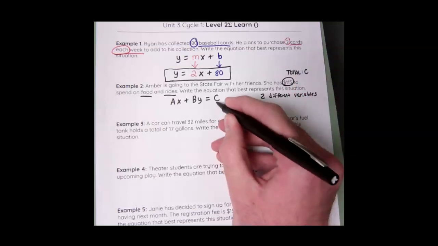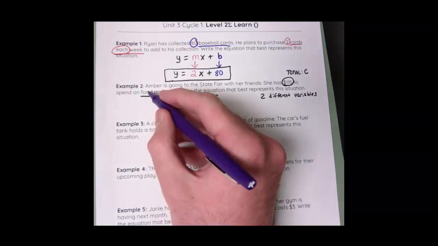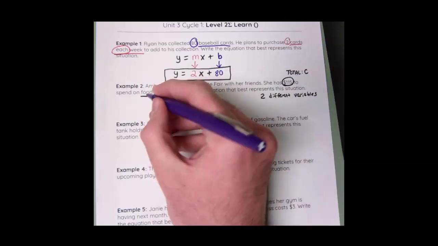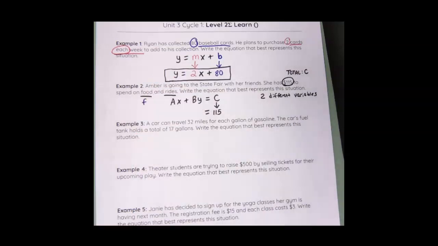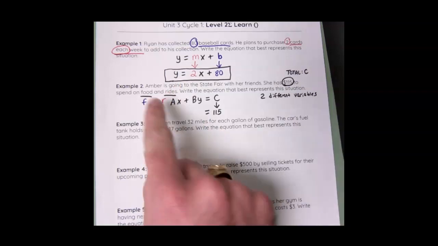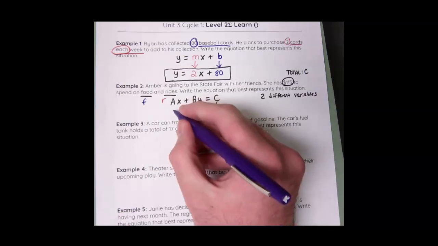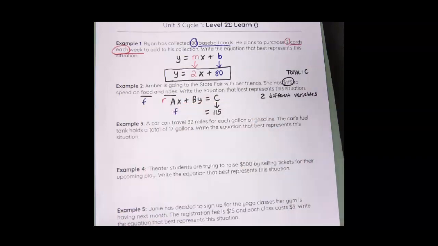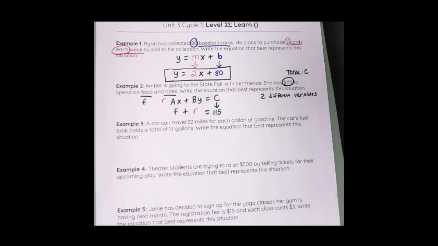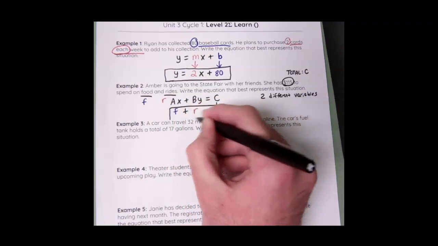Now to figure out the two other variables, we're just going to name food f, and we're going to name rides r. Those are our two variables. We don't know how much she has of each, so we're just going to label it f plus r equals 115. So this would be your answer for example 2.